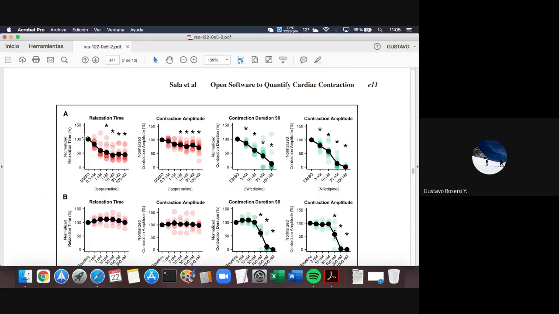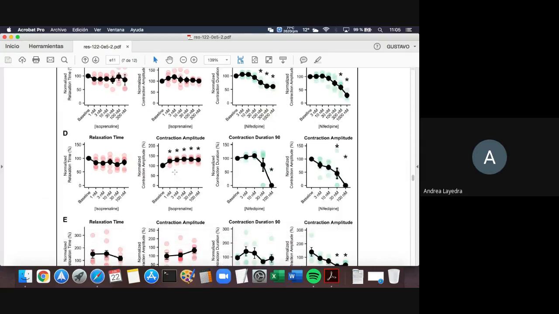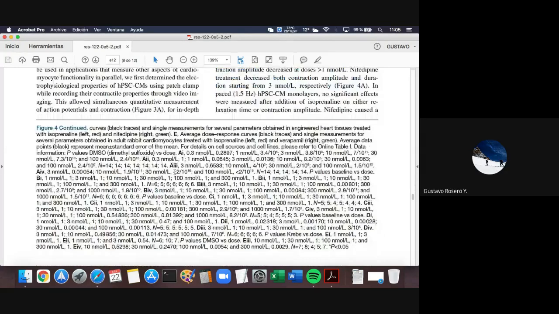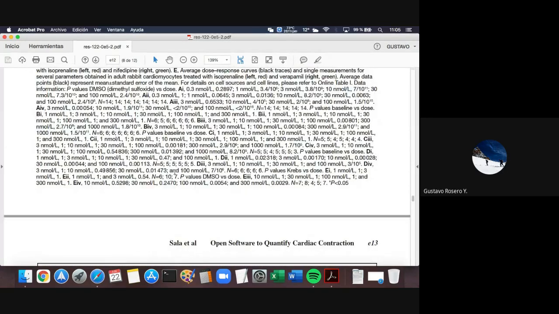This is the value of the amplitude in the relaxation time that I told you, and they use different drugs. This is the name of the drugs, and they see how they decay this movement. And this is the way that you can see what is the behavior of the cardiomyocytes when you put drugs.